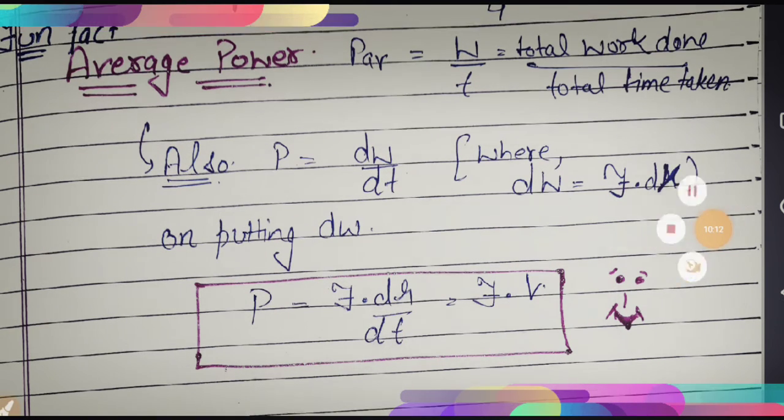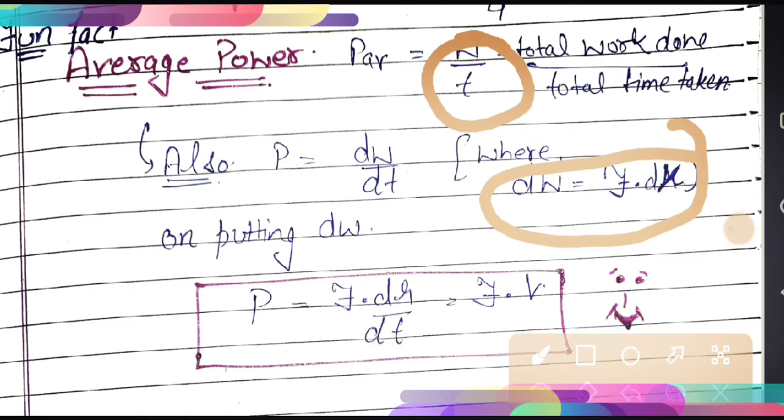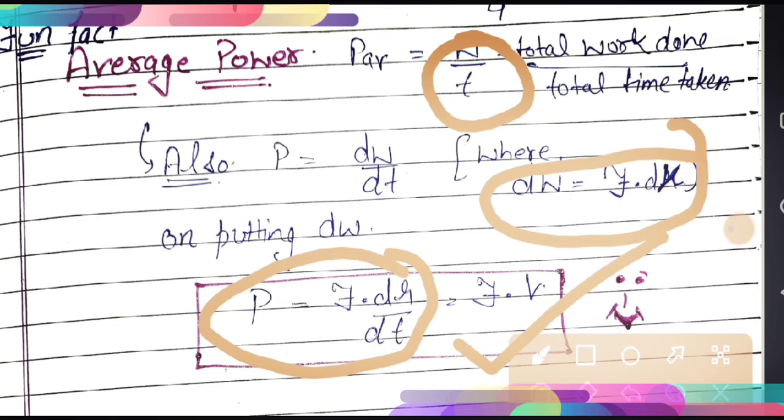Guys, on putting the value of dW into this equation, we find P is equal to F dot dx upon dt, or dx upon dt is v, so P is equal to F dot v, where v is nothing but velocity. So from here we have also found out why the power is equal to F dot v.